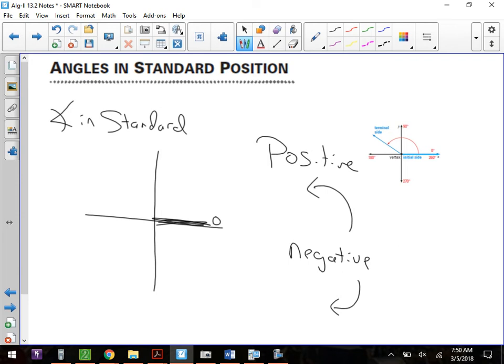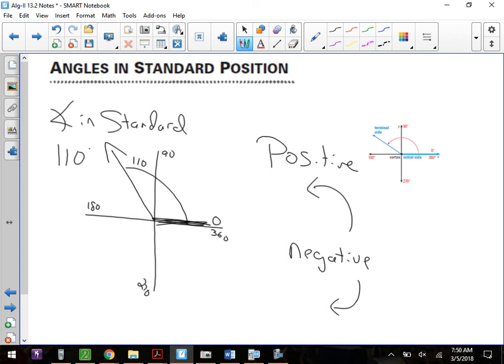If I say we have a 110 degree angle, well, here's 90, 180, 270, 360. Your angles start at 0, come back here, and then we can say that's 110.